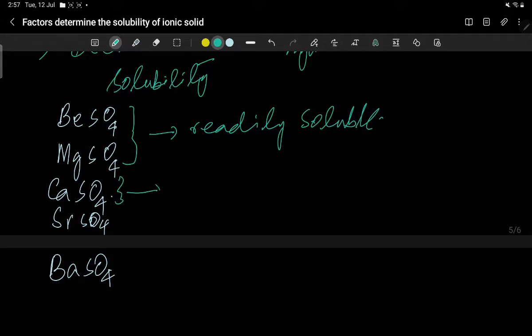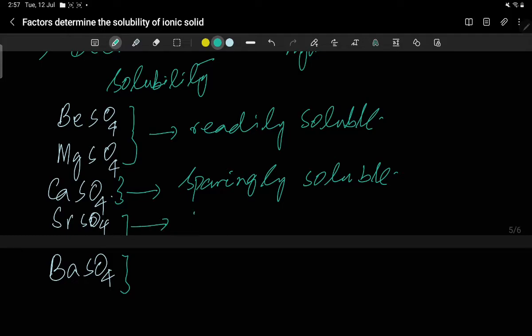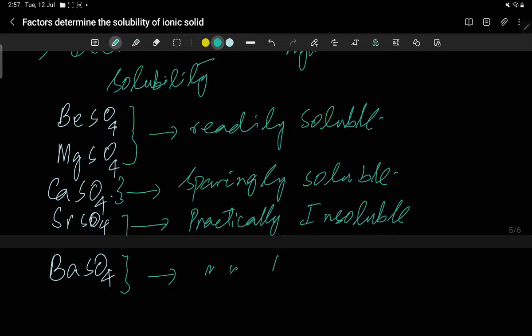Calcium sulfate is sparingly soluble, and strontium sulfate and barium sulfate are practically insoluble.